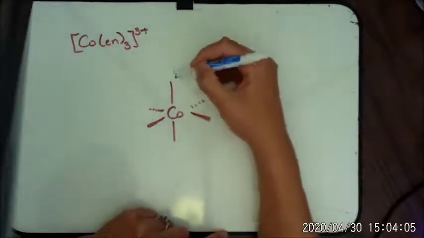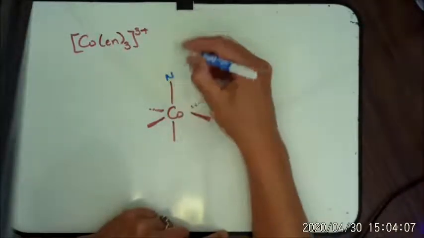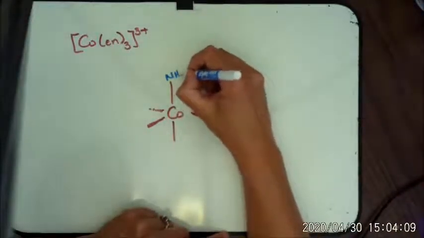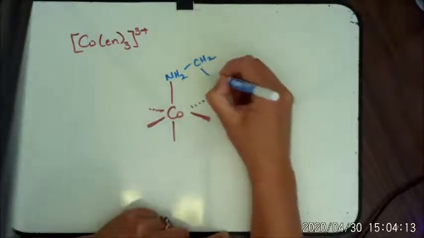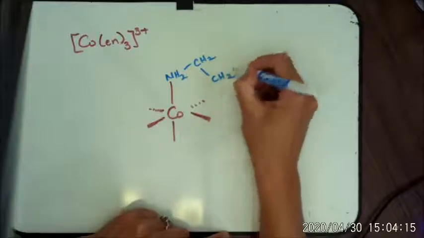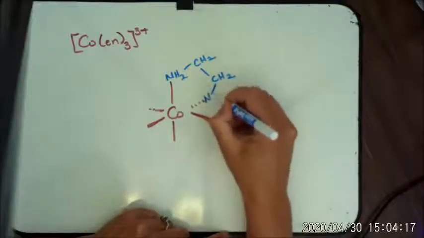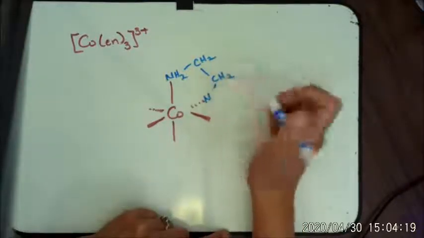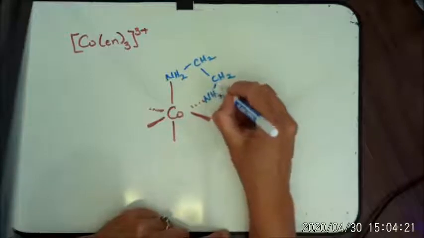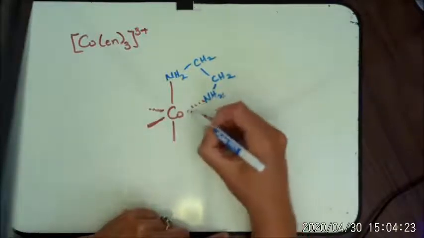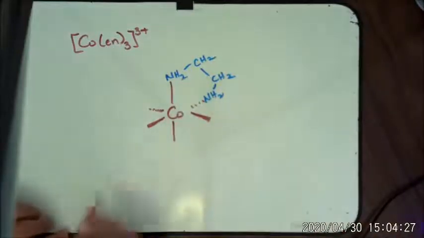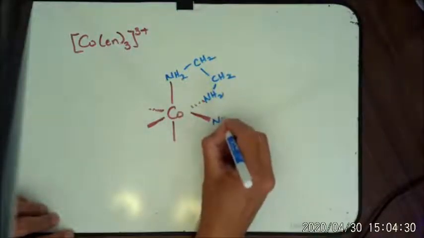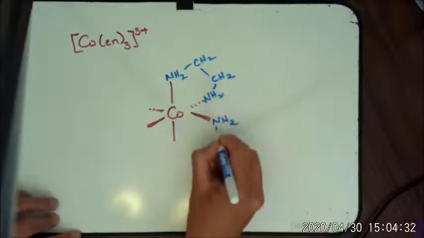So I'm going to do, here's my nitrogen. Put an H2 right here. Okay, so the lone pair of this nitrogen and the lone pair of this nitrogen will bond to my cobalt 3+.